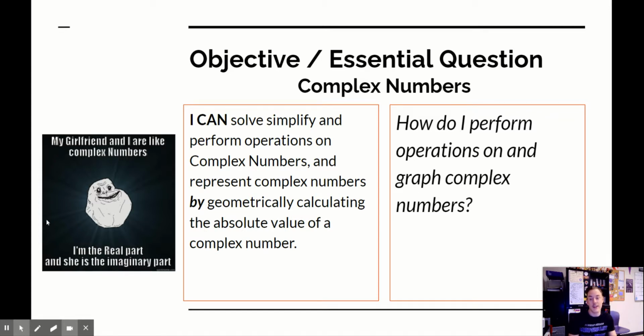Okay, I love this. This was totally me in like elementary school. My girlfriend and I are like complex numbers. I'm the real part, and she's the imaginary part. Very interesting indeed. Fun fact about me: I usually always had a girlfriend from 7th grade all the way until about 10th grade. 10th and 11th grade were the only years that I didn't have a girlfriend, from 7th grade and on.